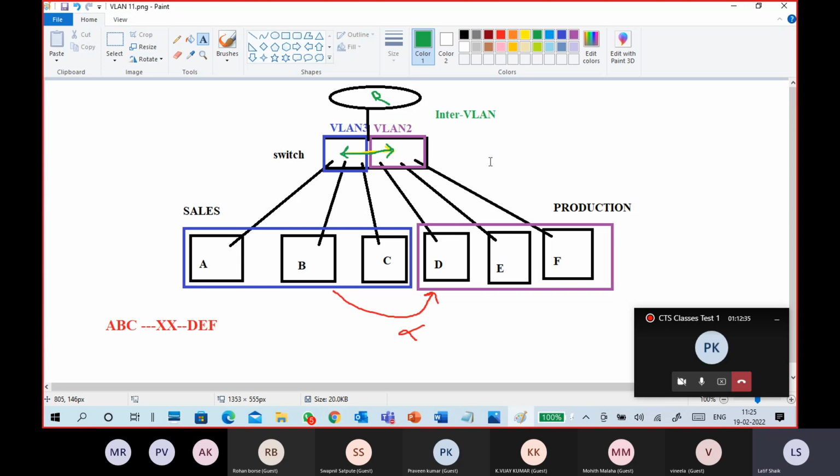You can control who can communicate with each other and who cannot, with inter-VLAN routing, just for understanding only.